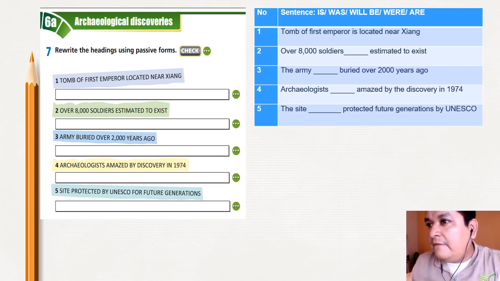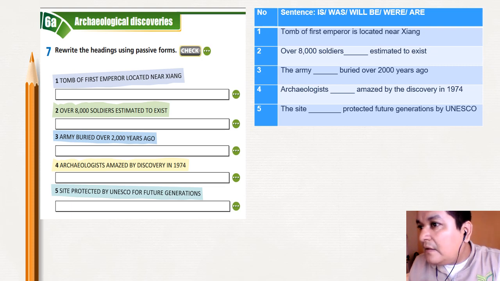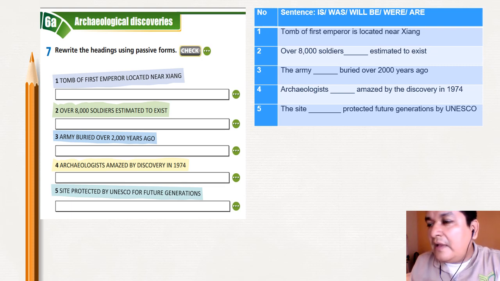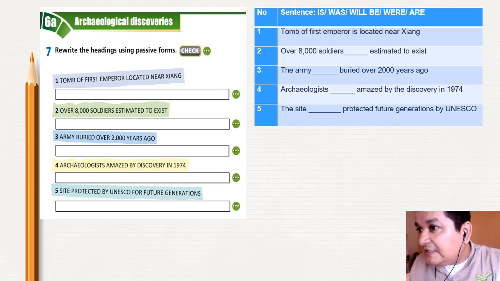Tomb of first emperor is, ya está usada, that's why it's, I used it before. Sorry. The tomb of the first emperor is located near Xi'an. Over 8,000 soldiers estimated to exist.